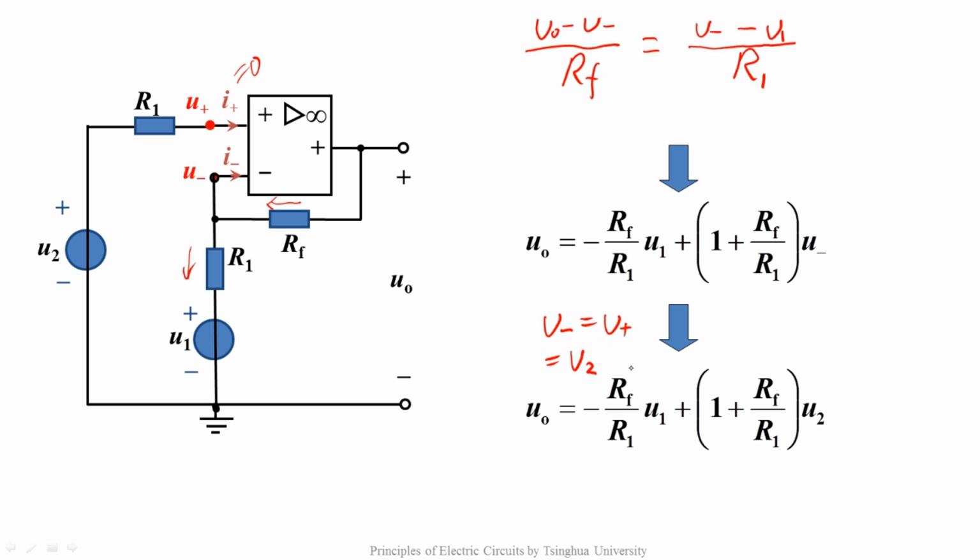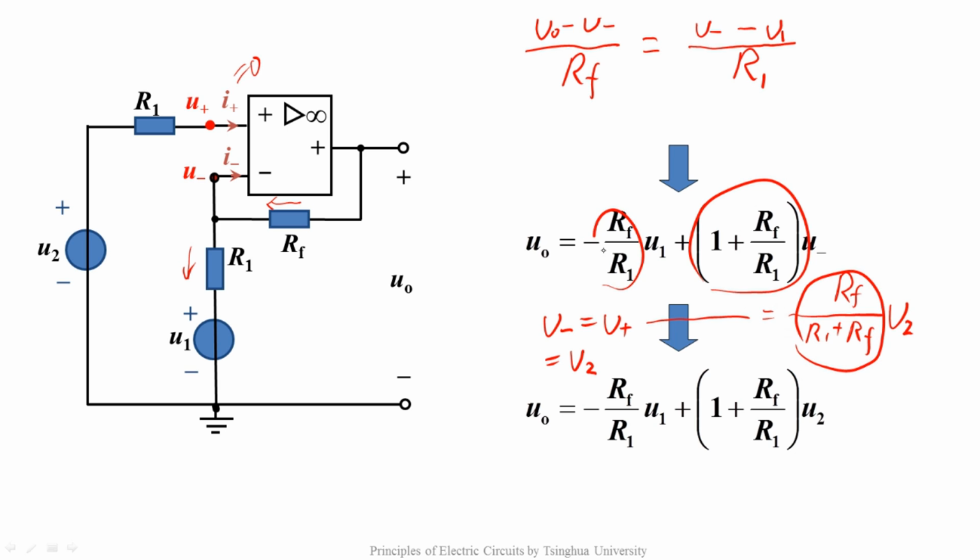If U plus equals RF over R1 plus RF times U2 instead of U2, then replacing U minus, which equals U plus in the equation, the coefficient of U2 will be the same as that of U1. It's obviously right.